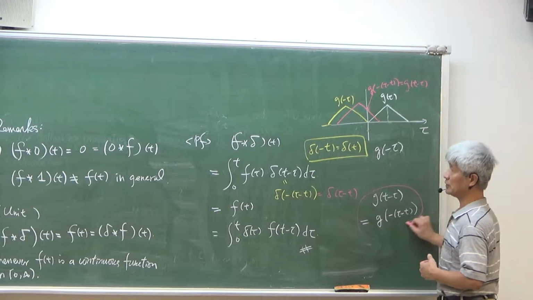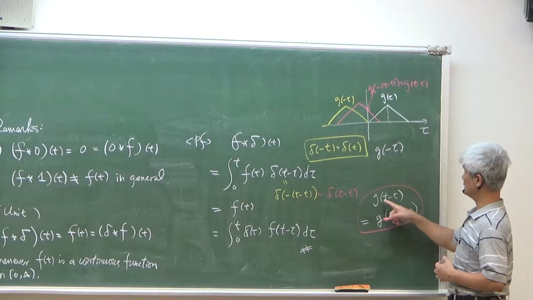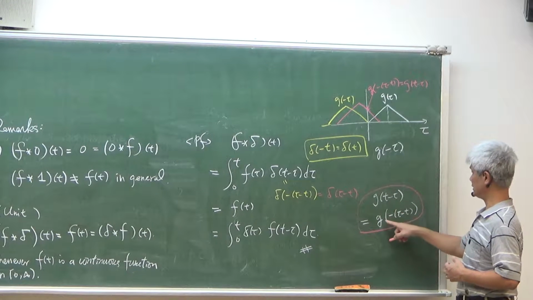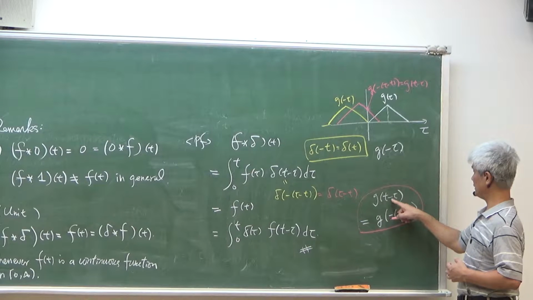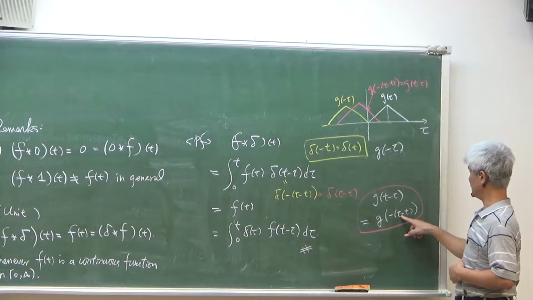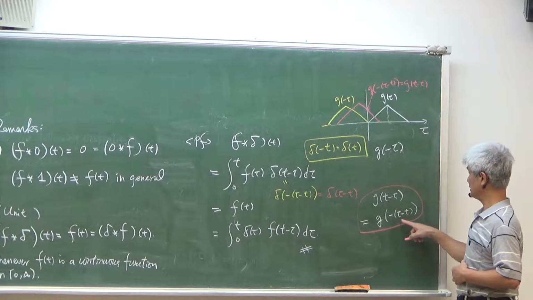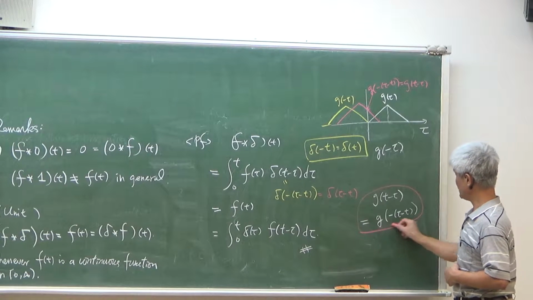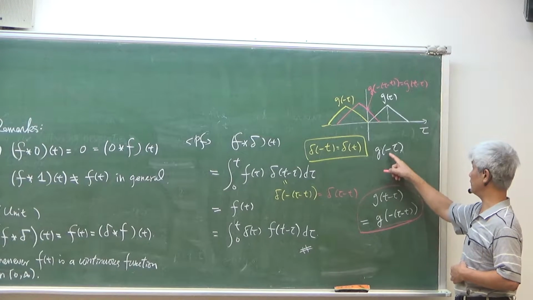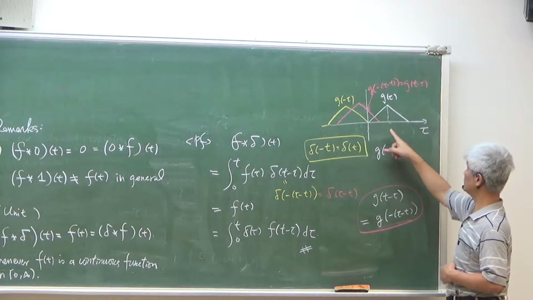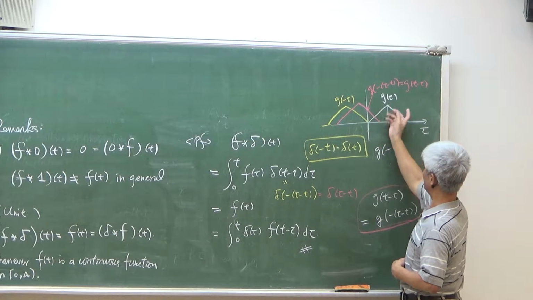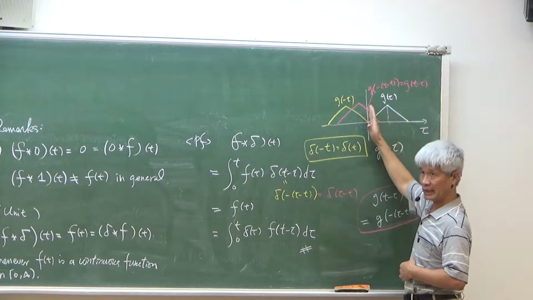And to draw g of t minus tau, you have to know that g of t minus tau can be written as g of minus of tau minus t. So this one is a time translated version of the function g of minus tau. But g of minus tau is actually the mirror image of g of tau about the y-axis.